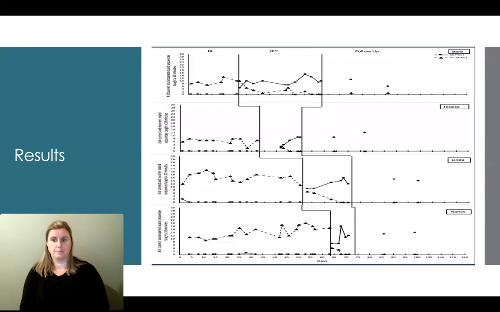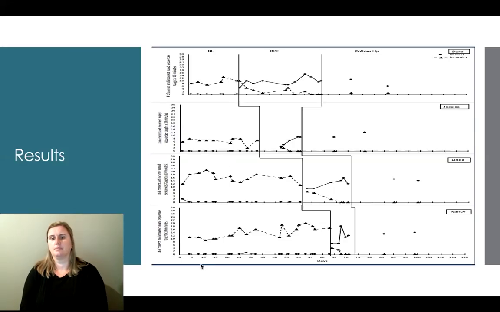So as we can see here, this is the number of correct mand sequences taught per educator. For example, what we can see is the number of correct mand sequences taught at baseline at 0, with a relatively high number of incorrect sequences across participants.